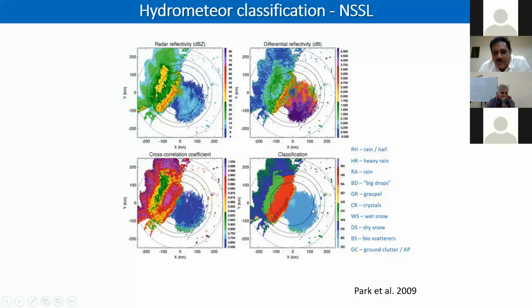All these things can be estimated or retrieved with a polarimetric radar. So this is another important advantage. The three major advantages are: one, improved estimation of rainfall; second, information about the microphysics of precipitation; and third, the identification, hydrometeor classification.